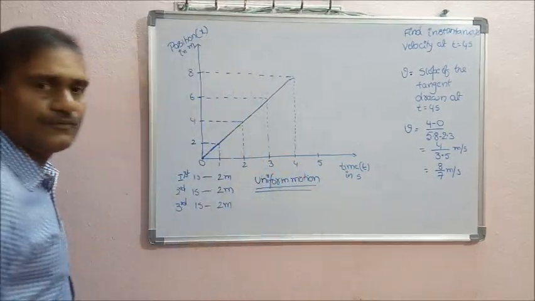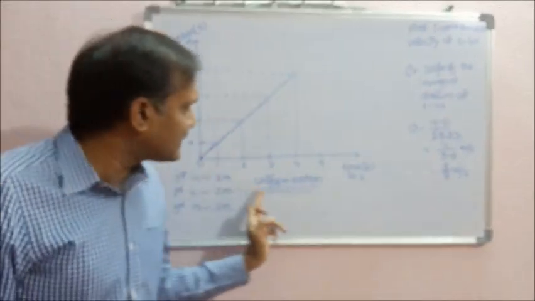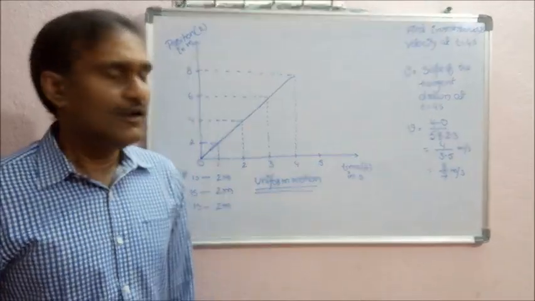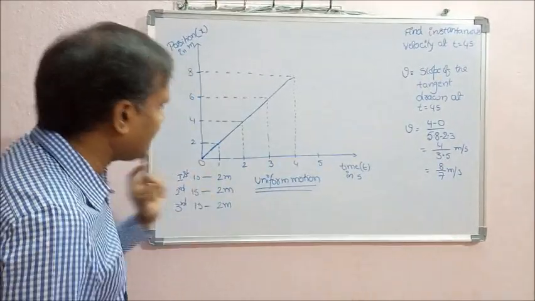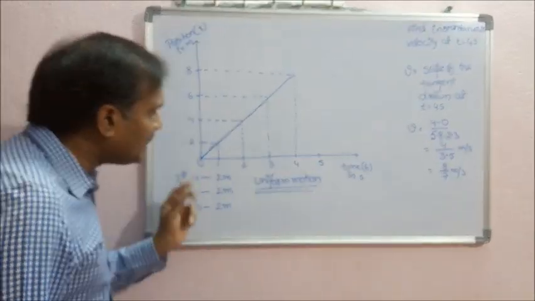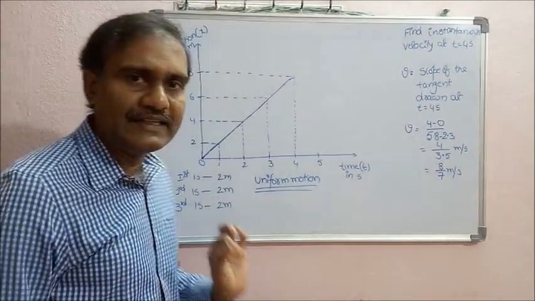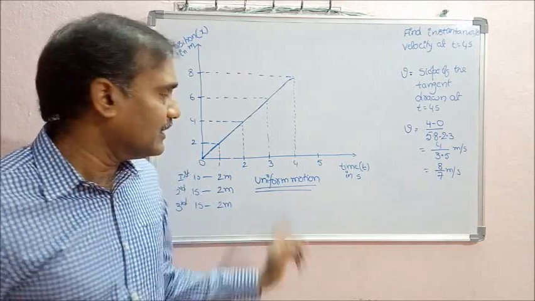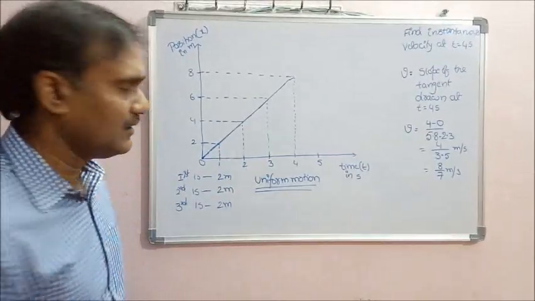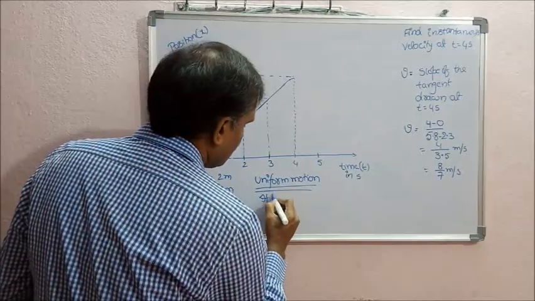From the graph, we can say that that particle is in uniform motion. What is meant by the uniform motion? If the particle covers equal displacements in equal intervals of time, then that particle is said to be in uniform motion.